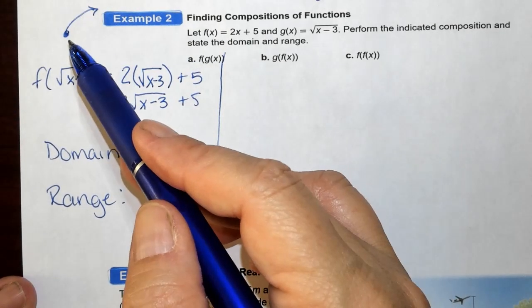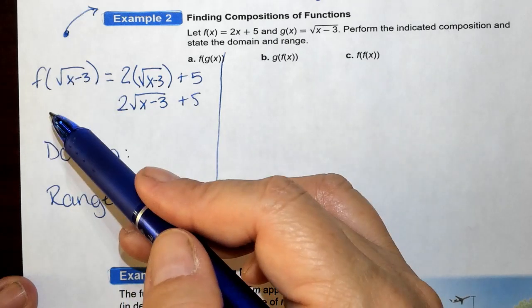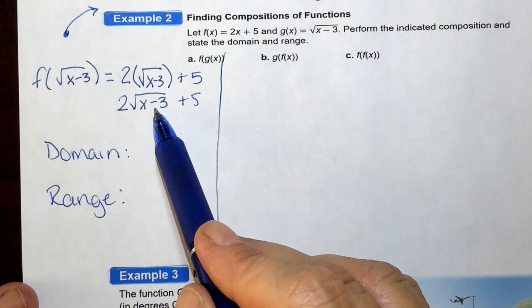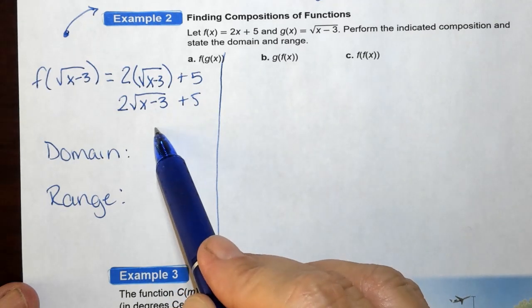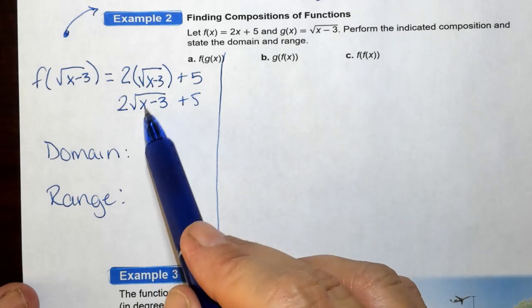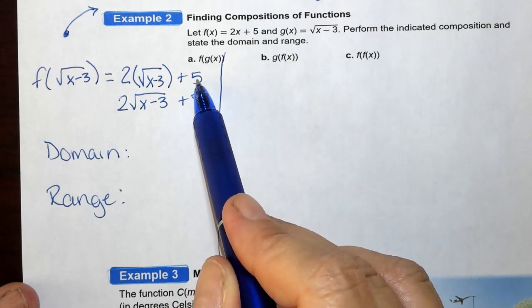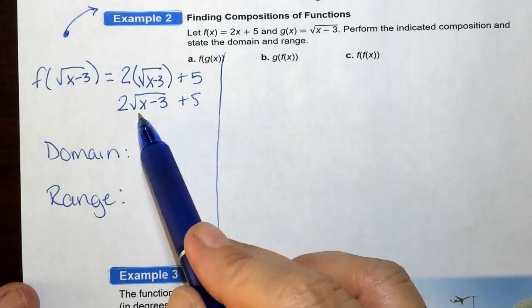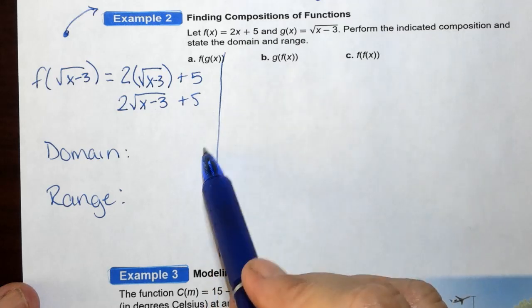So my domain is not all real numbers because this does not go to infinity this way. If I take what I've learned in this chapter, having this means that I go to the right 3 times. So if I was to graph this, it would move to the right 3 times and go up 5 times, my bad. So our domain is affected by the left and right movement. Your range is affected by the up and down movement.